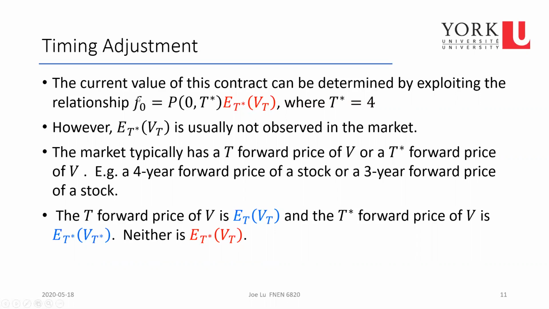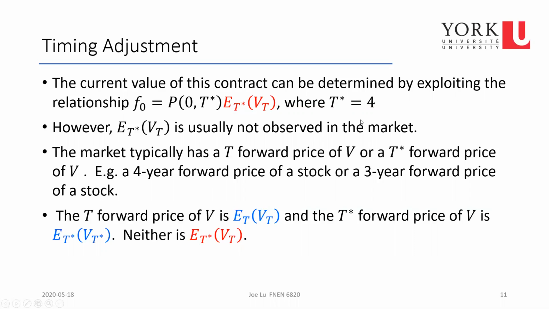So the current price of the derivative asset divided by that zero coupon bond is equal to the expected value of the payment at T star divided by the zero coupon bond at T star, which is 1. So you would have an expectation of V at T star.